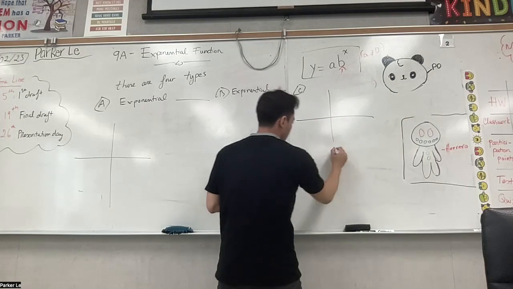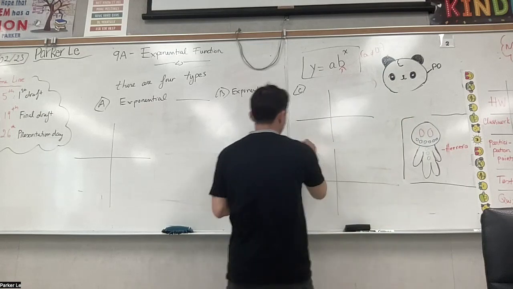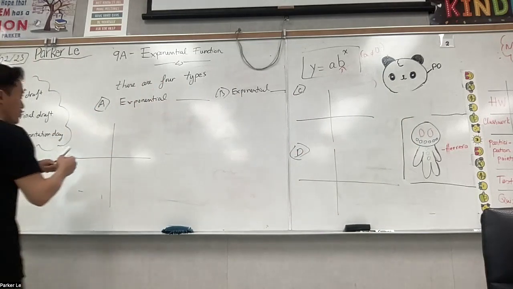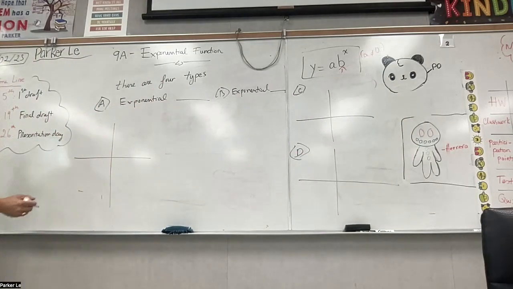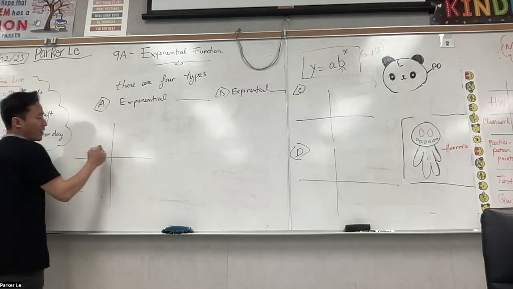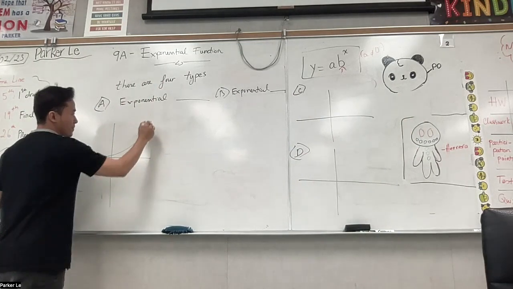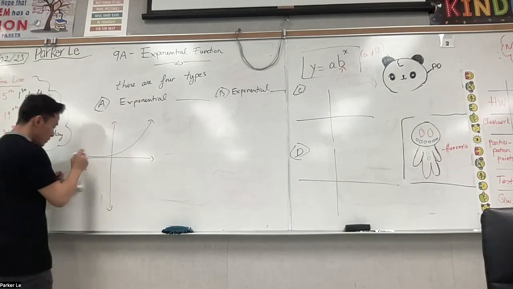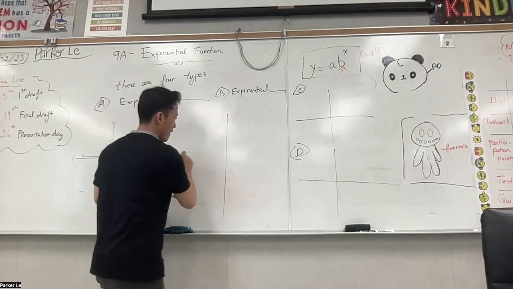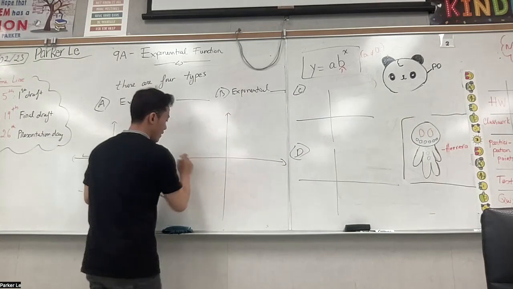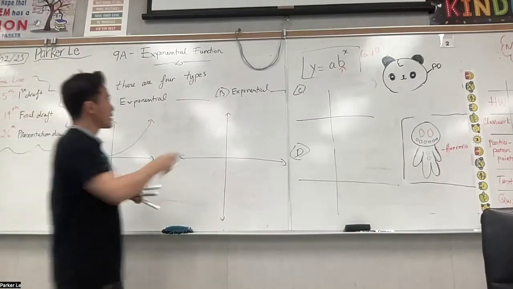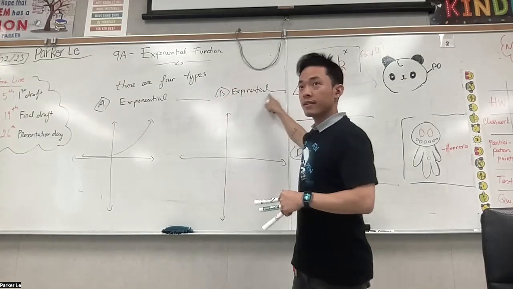And then D. I have less and less space to draw. Now we have so many pictures here. The first one will look like this. This one?